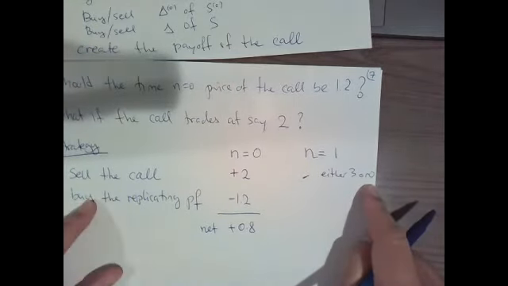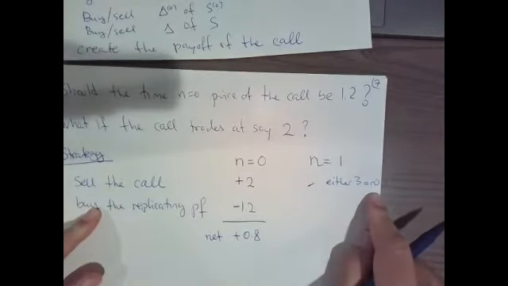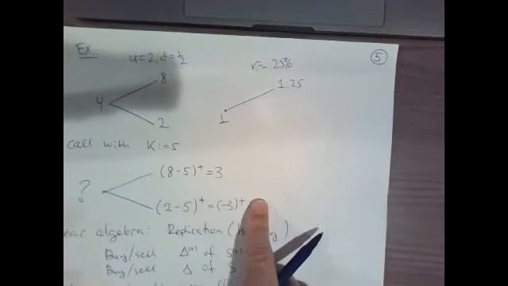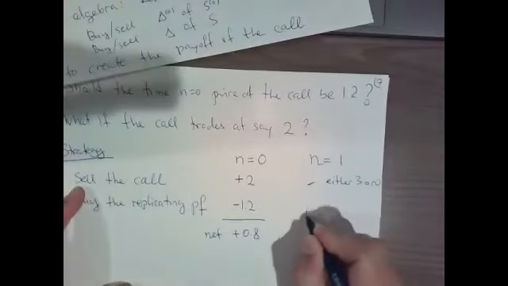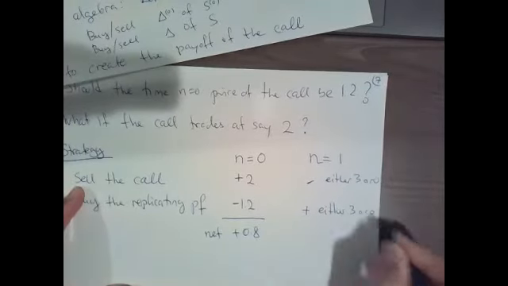We also bought the replicating portfolio. So what's the replicating portfolio going to do? Well, it's going to have exactly the same payoff, and this was, after all, how we created it. So here we're going to get a plus, either 3 or 0.